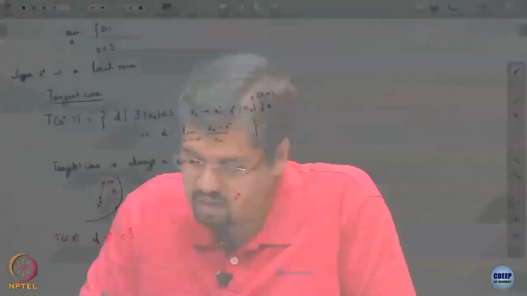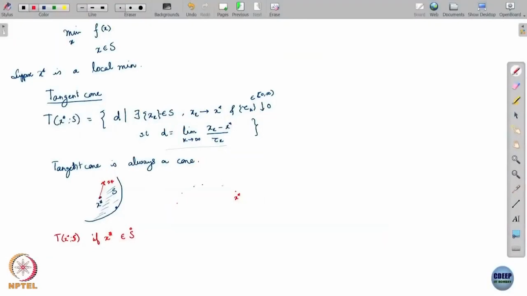But what about xk minus x star divided by tau k? Where would that end up pointing? Let me amplify the picture here. Suppose here is my point x star and here is the sequence xk that converges to x star.